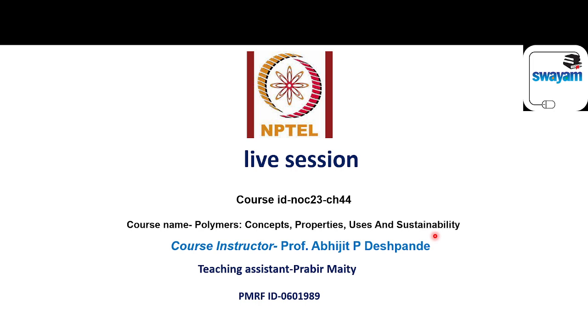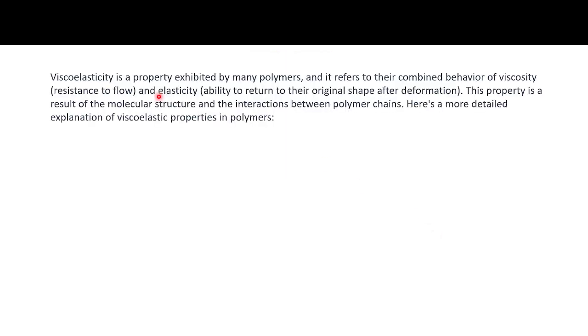Polymers have different properties from other materials. A metal shows elastic behavior, but polymers show both viscous and elastic properties, so polymers are called viscoelastic materials.